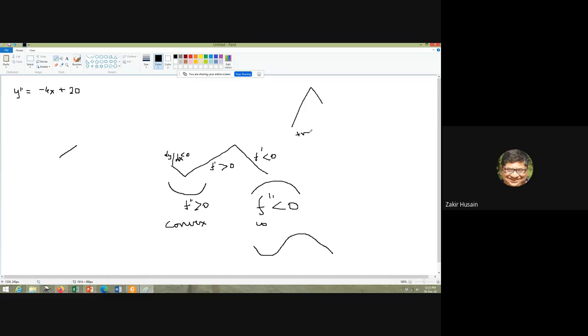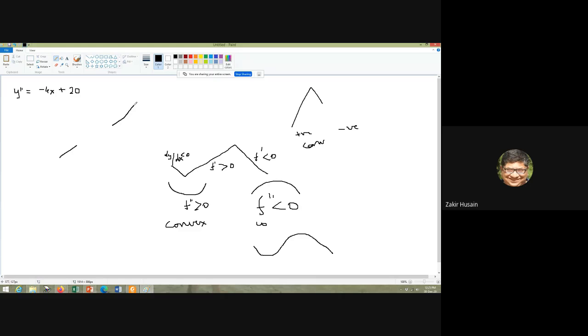So second derivative positive means it's going to be convex. Then if x becomes, let us say, 10 minus 40, this part will be negative. So it is going to be concave.